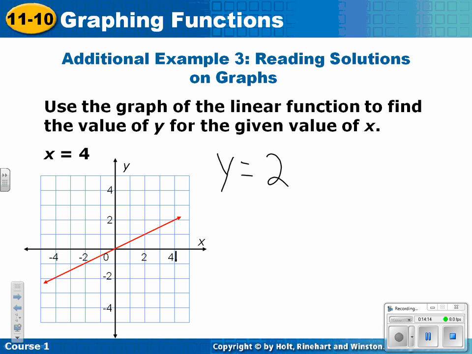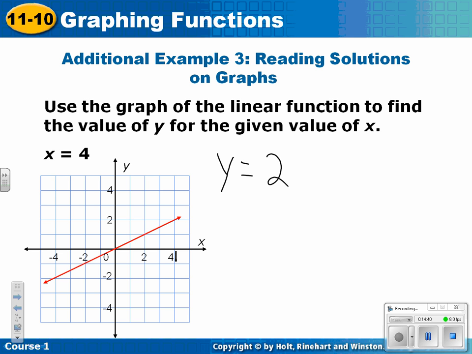Like, if I asked you this question, if x is, let's say, -2, what is y? -1. Okay. What if x was -4?